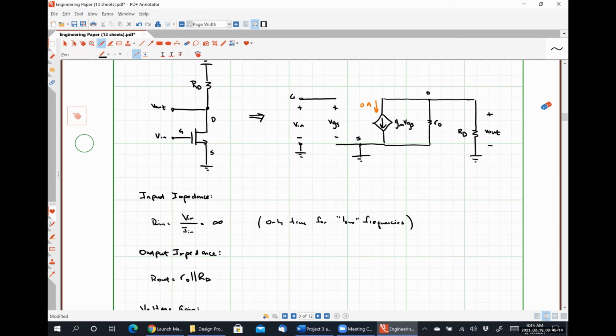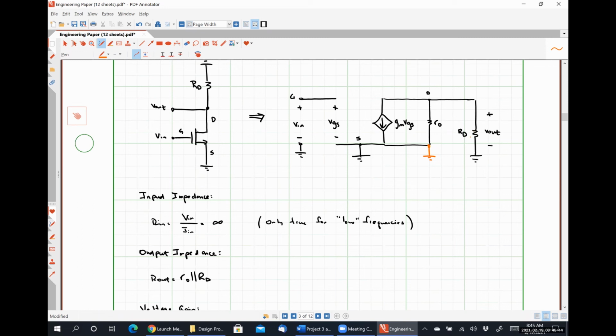So I'm going to make a quick adjustment here that might make this a little easier to figure out. I'm going to explicitly show that the resistance R naught is in parallel with the resistance RD. That's what I'm trying to do by putting this on ground.